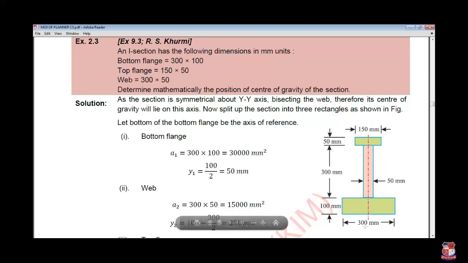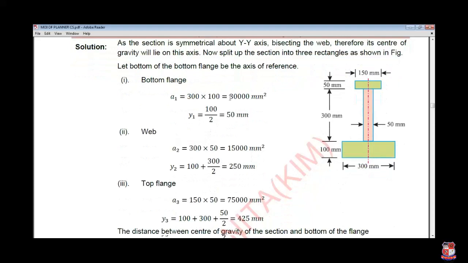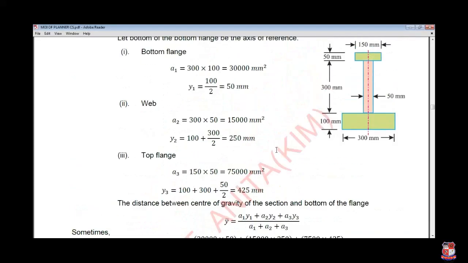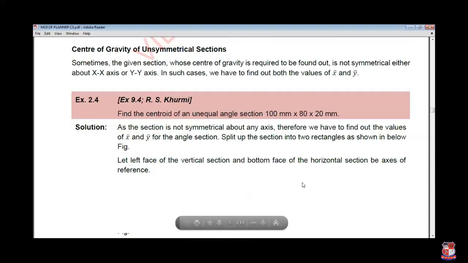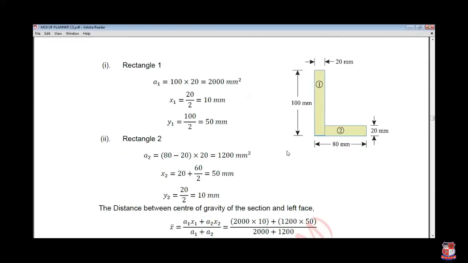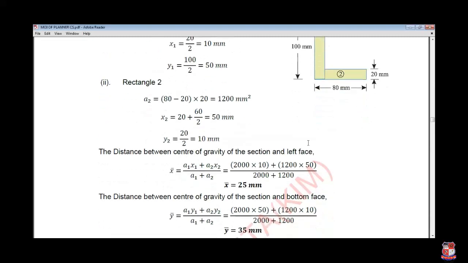So this object is symmetrical about the YY axis but not symmetrical about the X axis, because we are not getting an identical shape. In the same way, you can solve this example. If you have an unsymmetrical shape, then you have to find A1 x1 and y1 for each and every part.